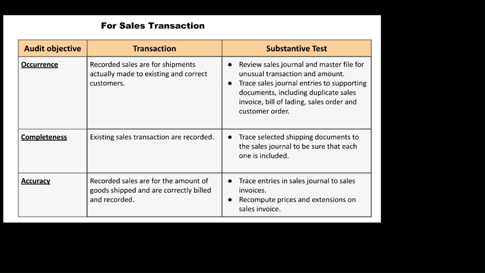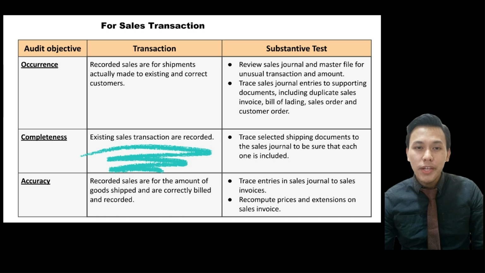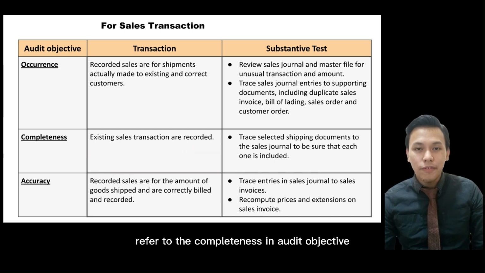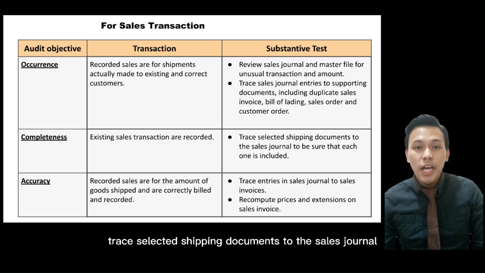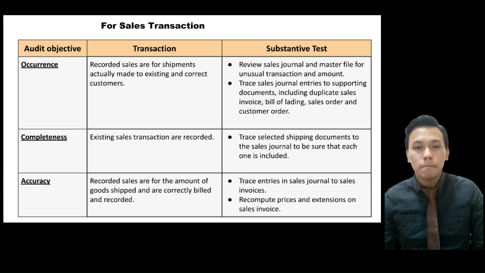order. Secondly, existing sales transactions are recorded, which is referred to as completeness in audit objective. The substantive test is the auditor can trace selected shipping documents to the sales journal to be sure that each one is included.